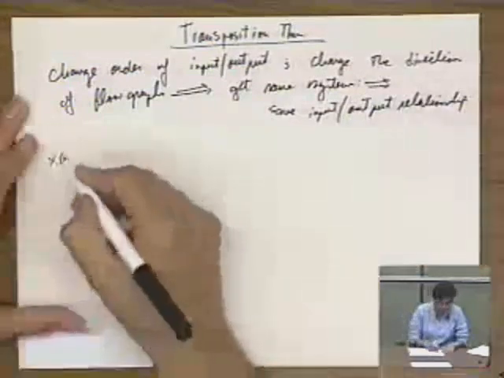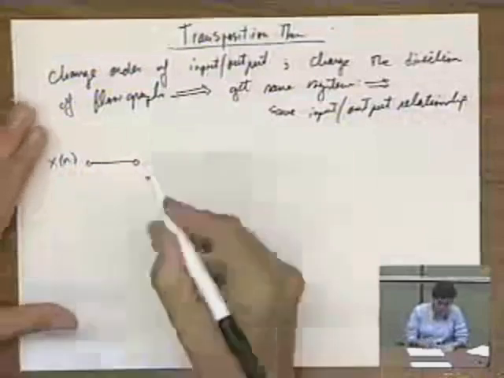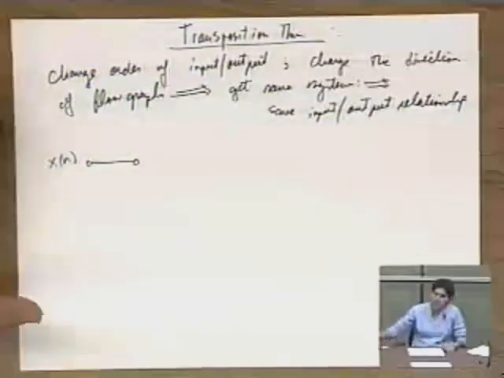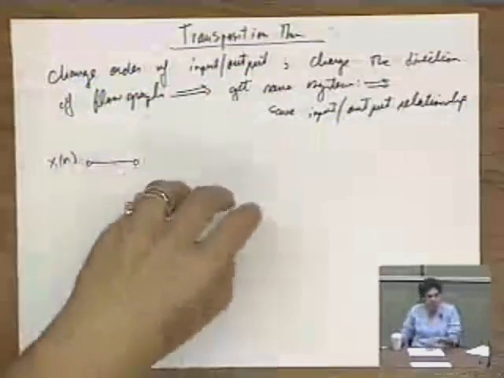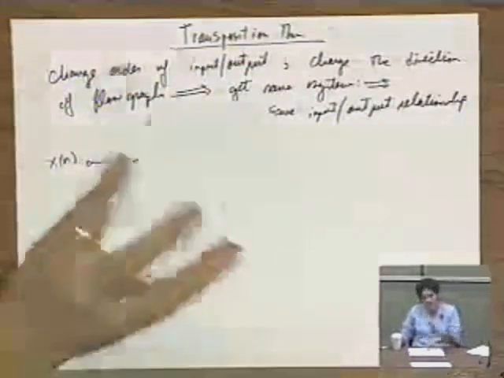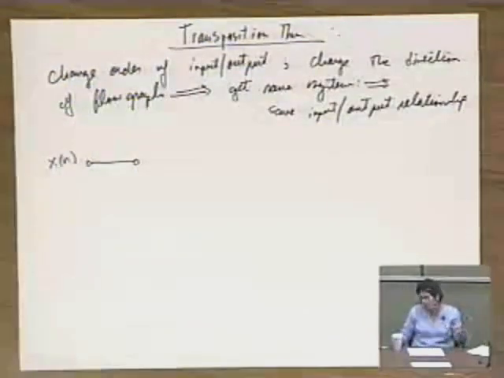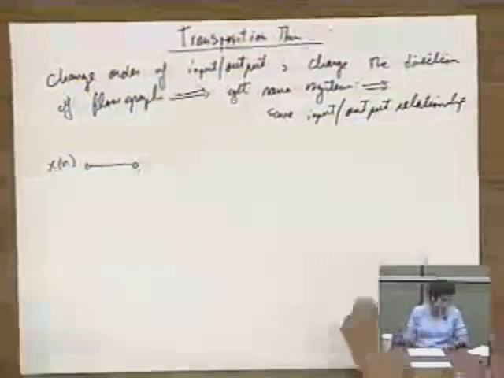Okay. So here we go. We start with x of n. Let me start with an example. As you remember, last time we talked about this second order generic term that is in direct form 2, and that could, for example, be a basic building structure for a cascade or a parallel type system. It was called H sub k of z.